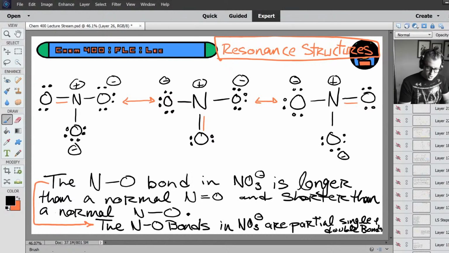All right. The true structure is in between the truth of the individual snapshots that we see in the Lewis structure. All right. So that is the information that resonance structures communicate, and that's kind of what they are.